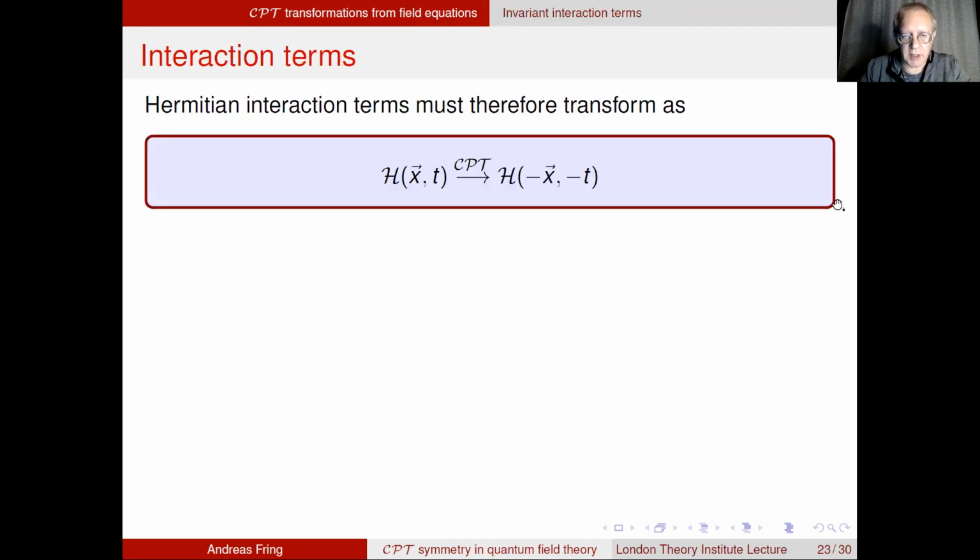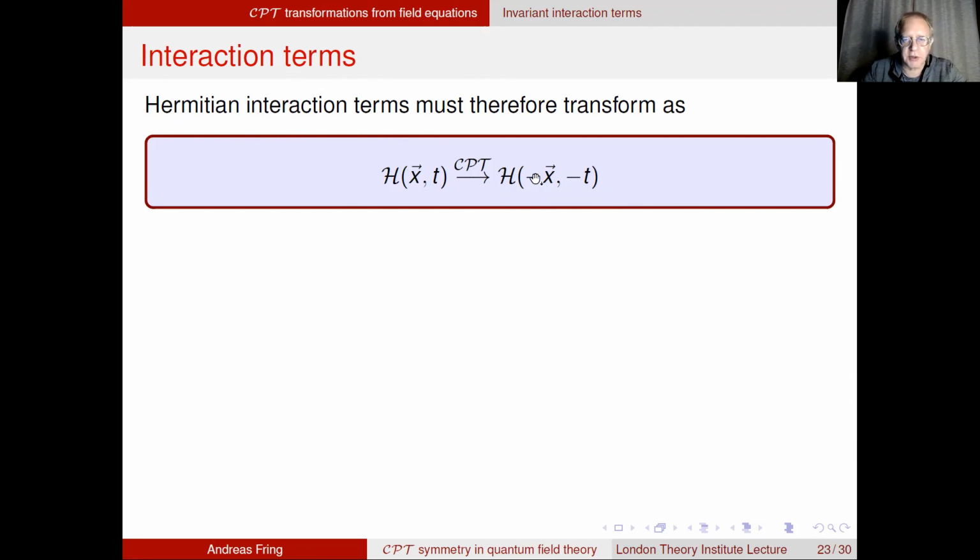And if we demand now the invariance of the interaction term, they have to transform in this way. So if I have a Hermitian interaction term, then the CPT transformation, or equivalently the action of strong reflection and Hermitian conjugate, just changes the argument of the Hamiltonian.